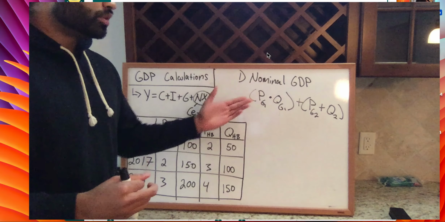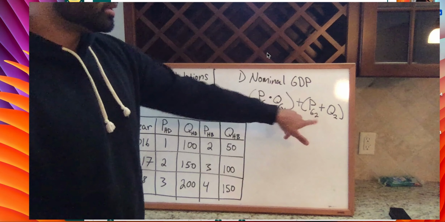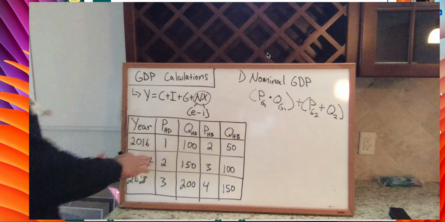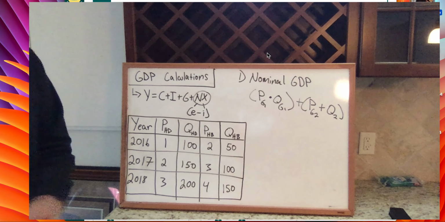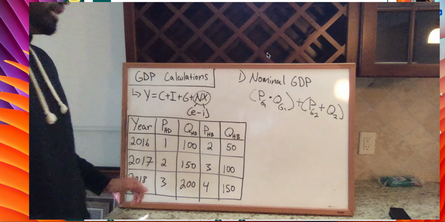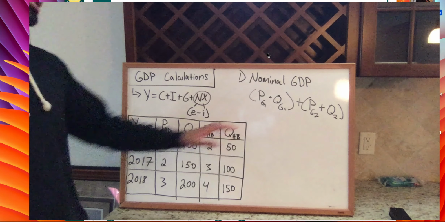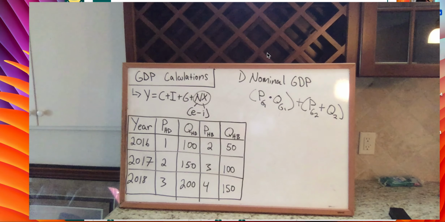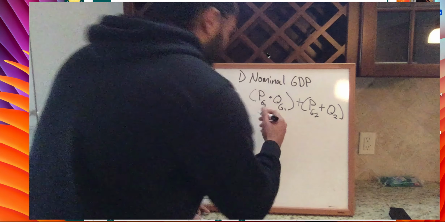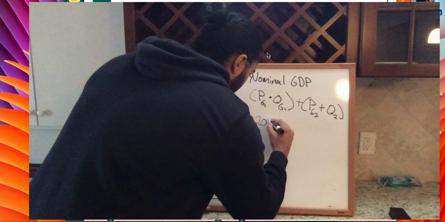So yeah, this is what we're going to do. We have two goods, G1 and G2, and you have the price and quantity of each product, all given by this table. So we're going to start off by calculating nominal GDP in each year: 2016, 2017, 2018. Basically, you're just plugging these numbers into this formula, and we'll walk through this for each year. We'll start with 2016.